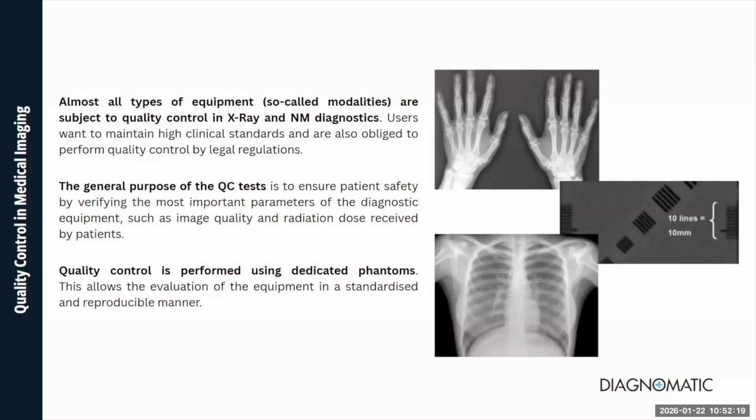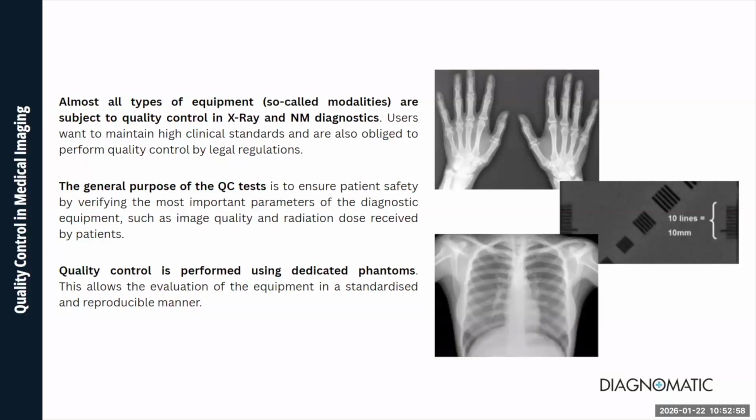Quality control is performed using dedicated phantoms and allows the evaluation of the equipment in a standardized and reproducible manner along the timeline. That's why constant checking is needed; in mammography, the checks are even a daily event. It's very important to verify that the medical device is running well. If the values are changing, it shows us that something is going on.